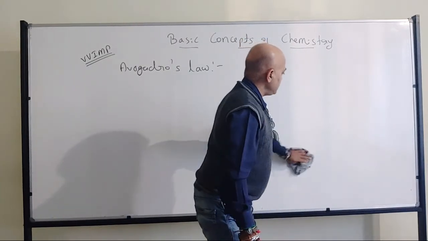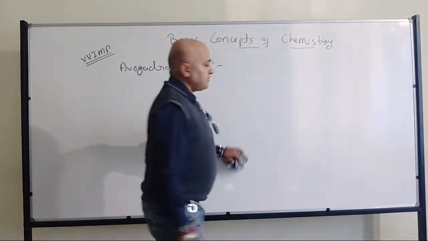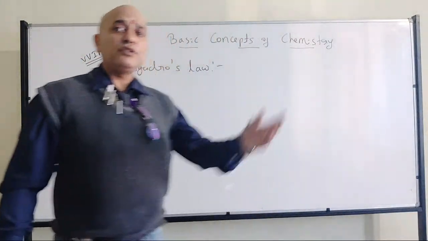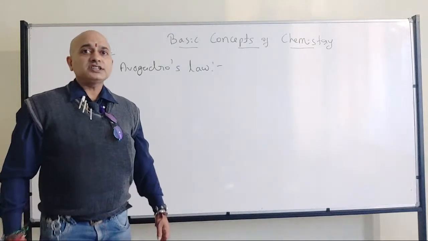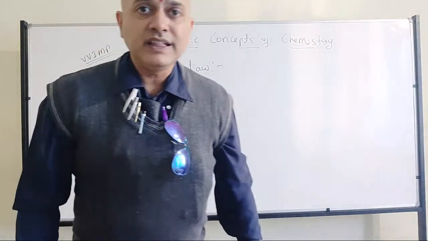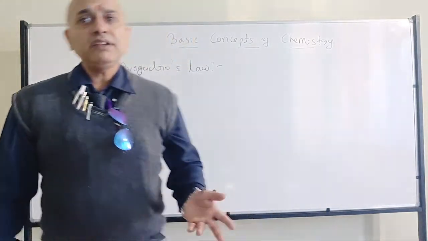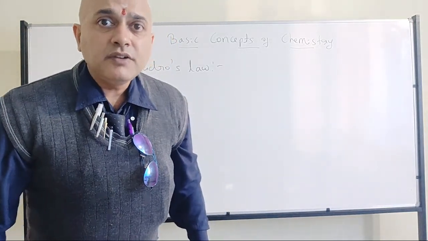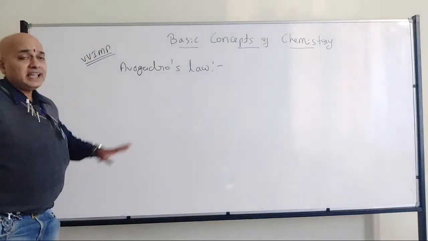Volume I have taken simply. Don't think that 1 mole of hydrogen always will go with 50 ml. No. Gaseous molecules, it depends. Whatever space you are giving, that much volume they will occupy. Right? Okay, fine. So that's where we have the example.